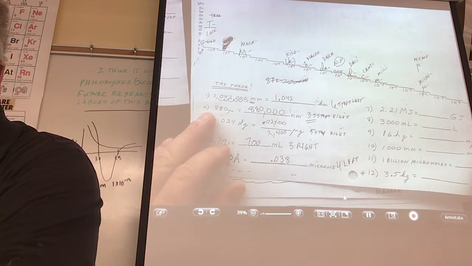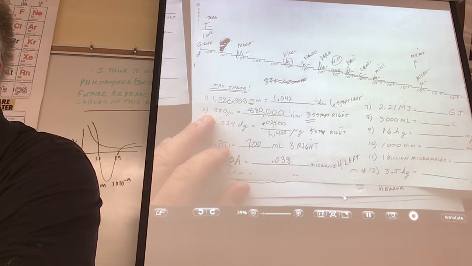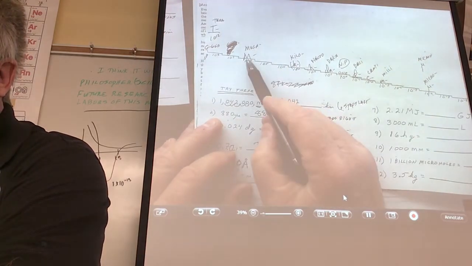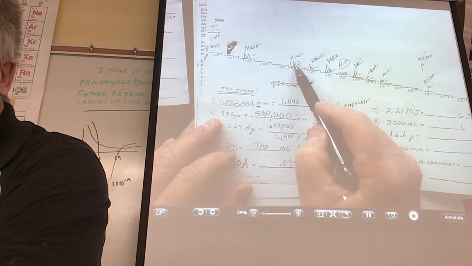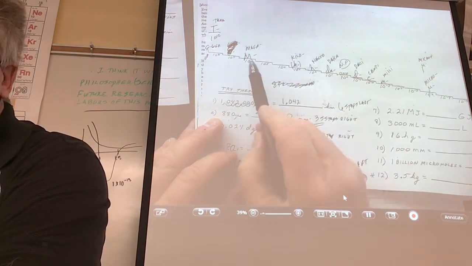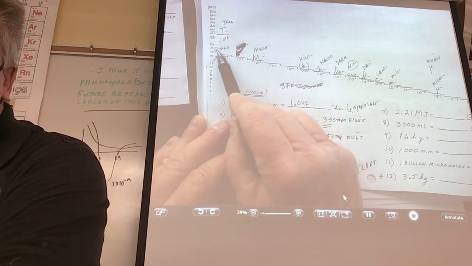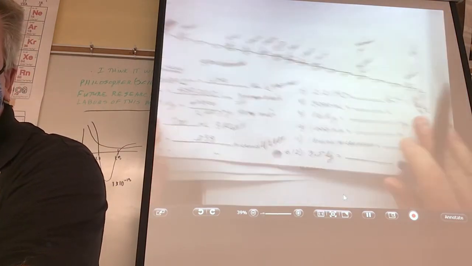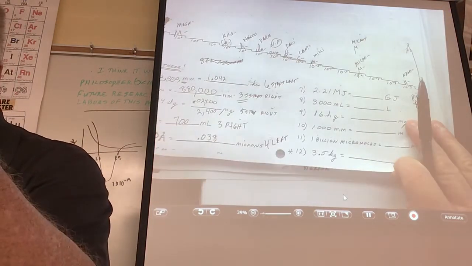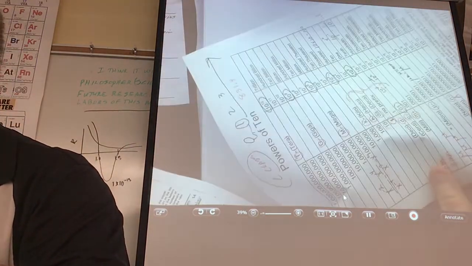Move the decimal point to the right 3 spaces. So that would be to the right? You're starting at mega. I thought you were going to giga. That's 3 to the left, right? Aren't you going 3 to the left? So, wait a minute. If you're going to use this sheet, you have to put it in the right direction.